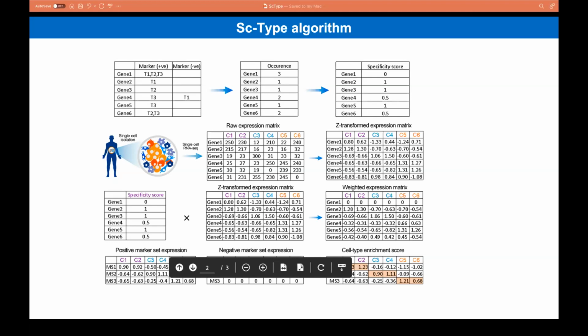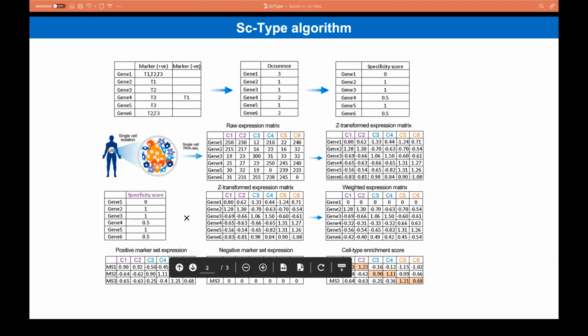But we thought that for some genes, we expect that they shouldn't be expressed in a particular cell type. For example, in pancreatic cells, you expect that insulin should be in the beta cell types, but at the same time, you don't expect that glucagon should also be in the beta cells, at least at higher expression.